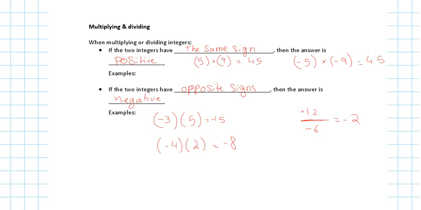If I have, let's say, negative 12 over negative 3, I'm going to end up with positive 4. Are we okay with this? Can I move on to the next page?